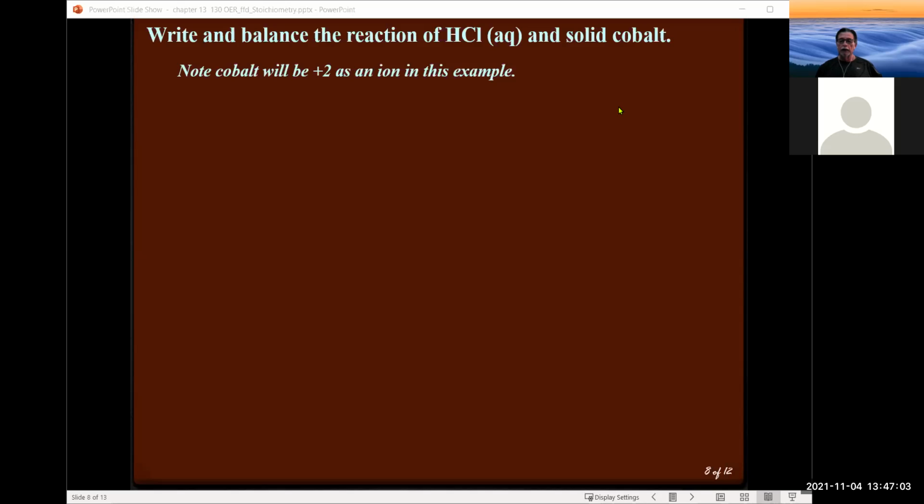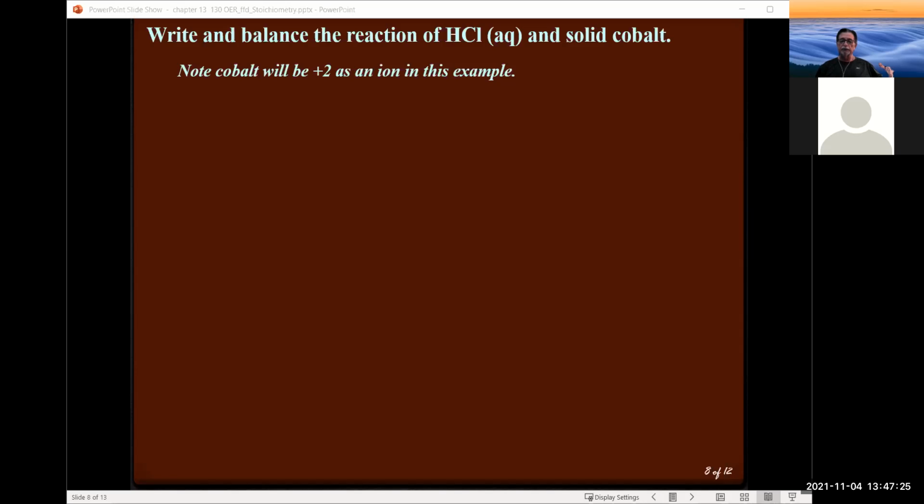Okay. Here's an example of a problem that is written out in words, and you need to convert it to an equation followed by balancing it out. And then we're going to do some calculations. So here is what it says.